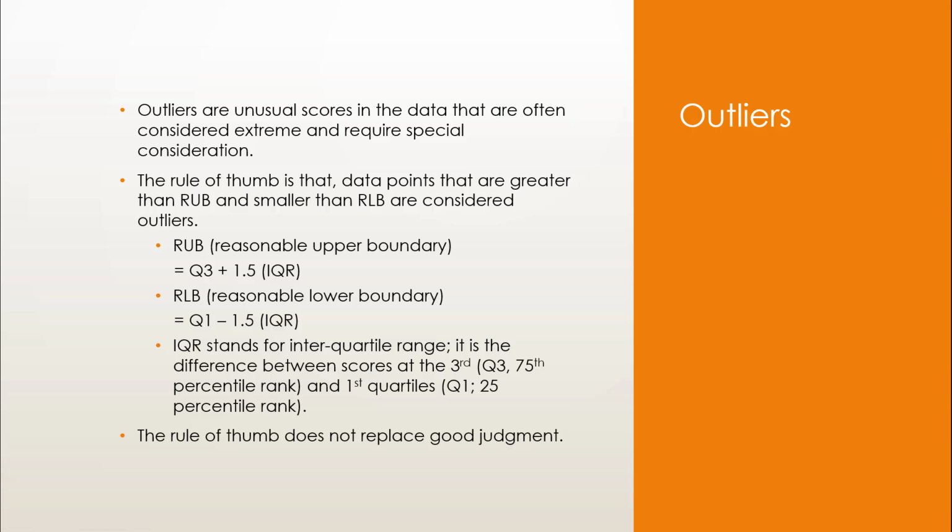So any score above 100 or below 20 may be an outlier. These scores should be checked carefully and compared with the rest of the distribution. Keep in mind, this rule of thumb does not replace good judgment. Graphical displays and context should also be used when identifying outliers.